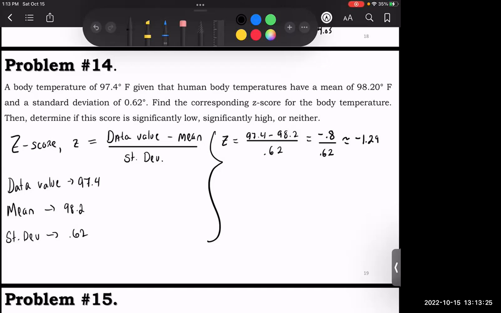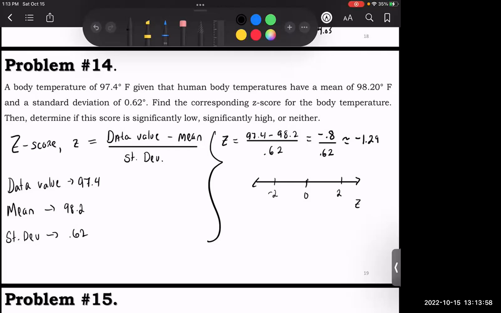That will be the z-score for a 97.4 degrees Fahrenheit body temperature. What we want to do now is determine if this is significantly low, high, or neither. When you look at it in terms of z rather than the data value, 0 corresponds to the mean. The -2 and the +2 separate the significantly low and significantly high values.